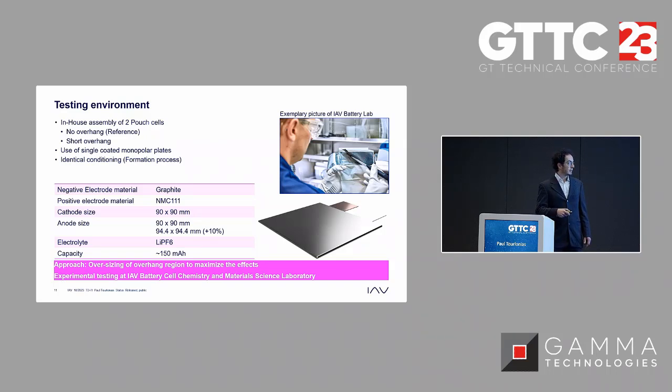The idea there is that these dimensions are, I would say, much larger than real cases, but the intention is to maximize the effects to ensure that we see the effect after in the testing.